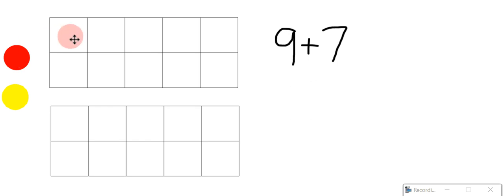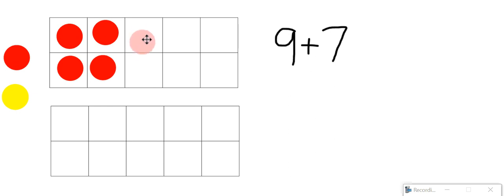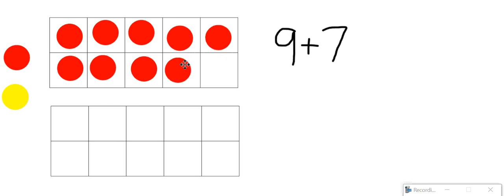So I'm going to add in 9 red dots. Let's count so far. 4, 5, 6, 7, 8, 9. Okay, and now I'm going to add in 7 yellow dots.